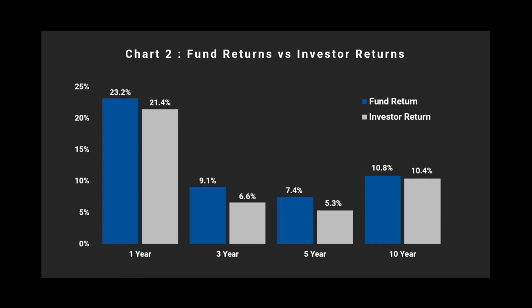The average investor, however, because of those inflows and outflows of cash flows into the fund, actually experienced a return of 21.4%. This is why we recommend that you stay invested even during underperformance periods when the funds can go through tough times, because it is that long-term investing that allows the investor to actually experience the benefits of investment. Based on our ongoing research, the shortlist will indicate for you when it is necessary to make changes.